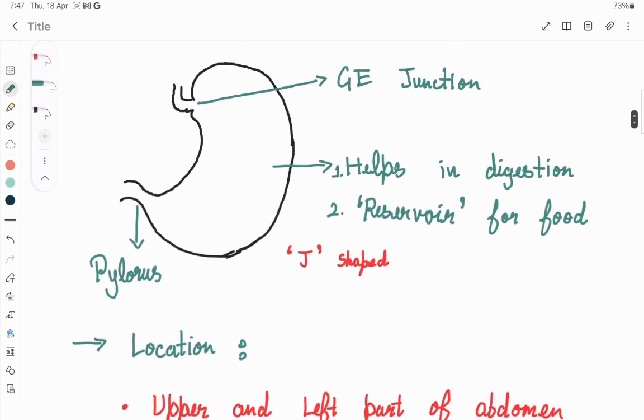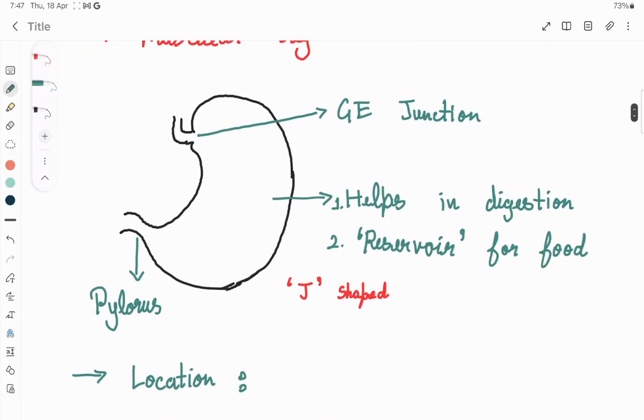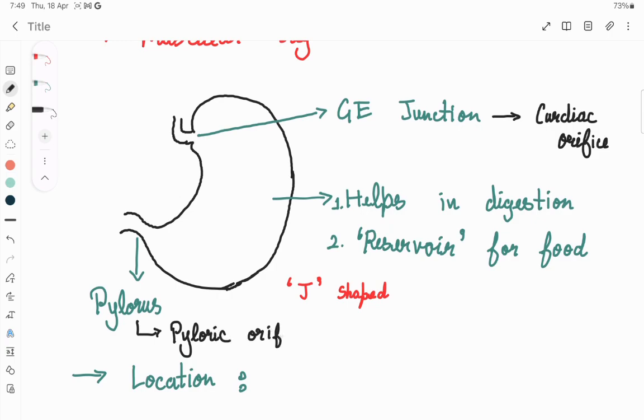So let's start here. At the GE junction we'll have the cardiac orifice here and the pyloric orifice is here. In the cardiac orifice we have a physiological sphincter, not visible anatomically.